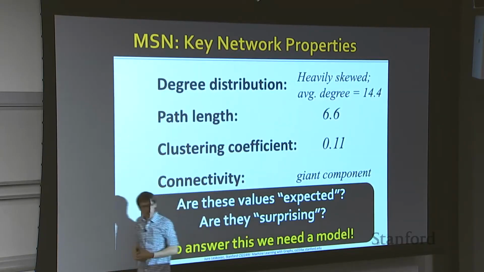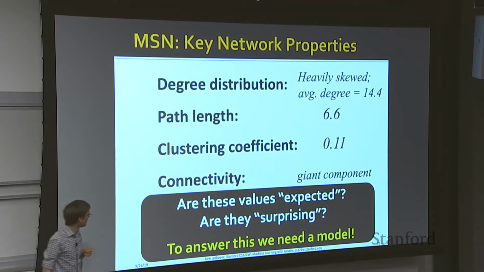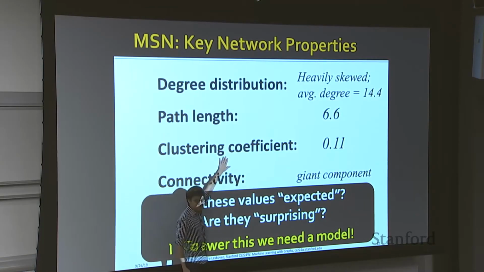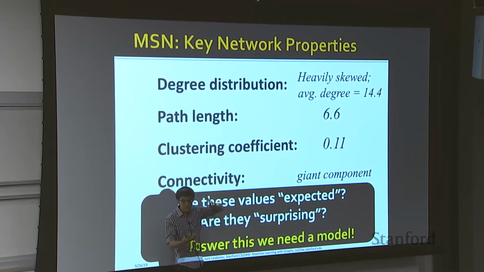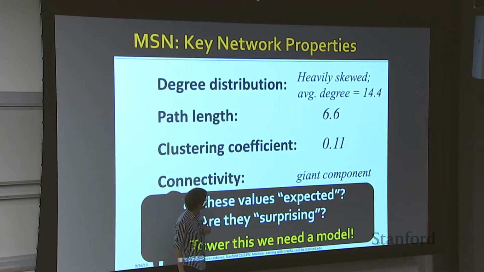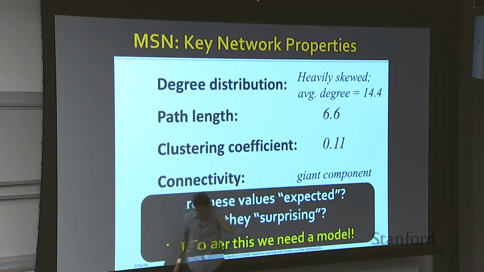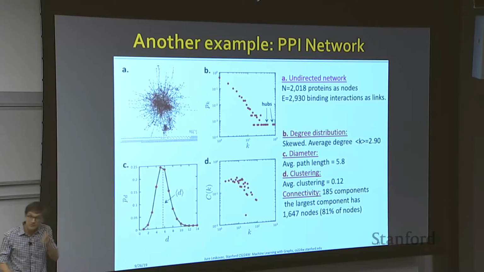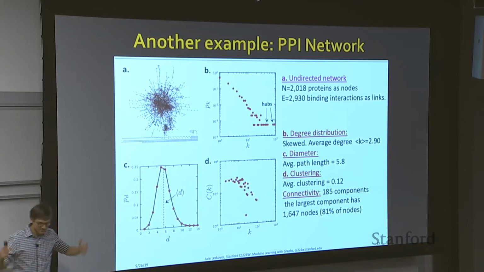It's roughly the same. It's not orders of magnitude off, right? It's about large connected component 80%, clustering coefficient 0.12, shortest path length 5.1, 5.8, and the degree, I think, was 3 or something. All right, so it's about the same, even though the network is totally different, smaller, and so on.